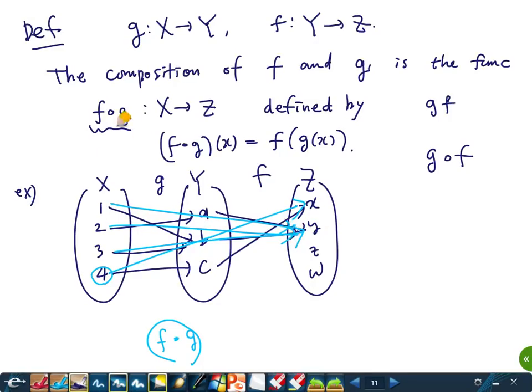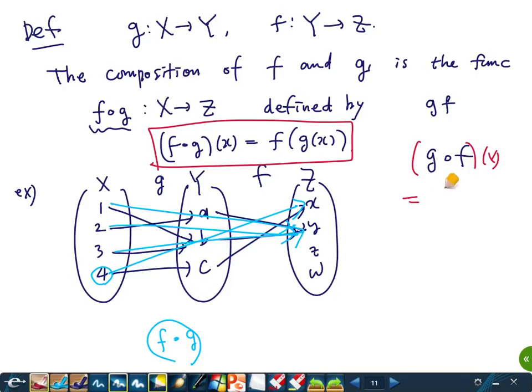But why do we write the opposite way? Because we really want to have an equation like f of g of x. If you define this backwards, it would be a little confusing. That's why we define the order like this: f compose g. So we apply g first to x and then f to the resulting element.